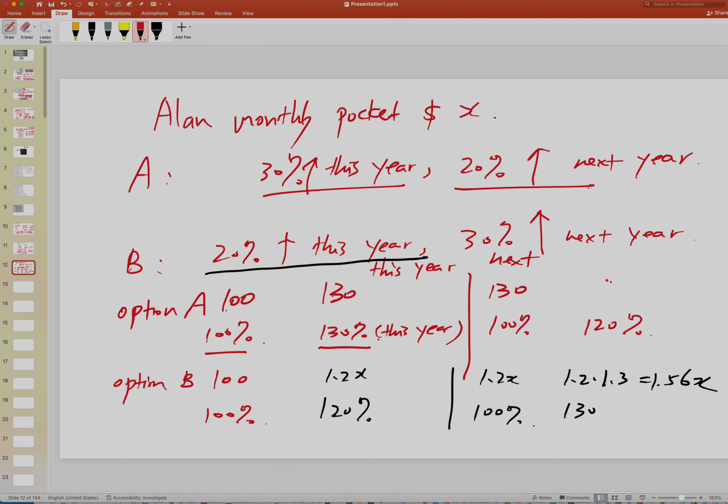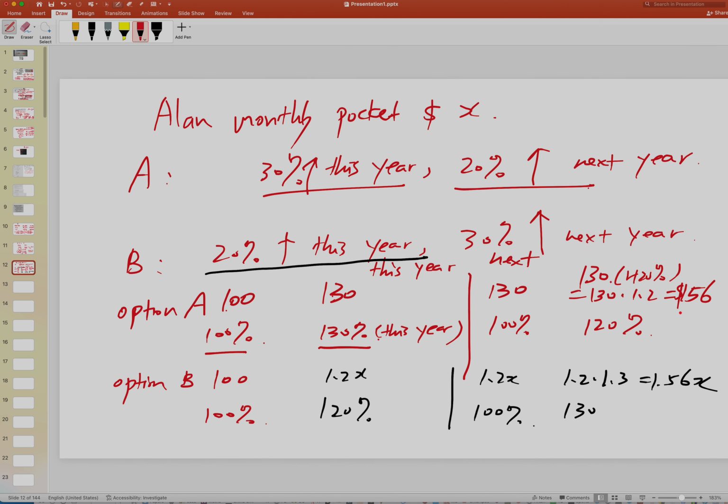What you do is you just do 130 times 1 plus 20%. So it's 130 times 1.2. What's the answer? 156. So you end up with 156.